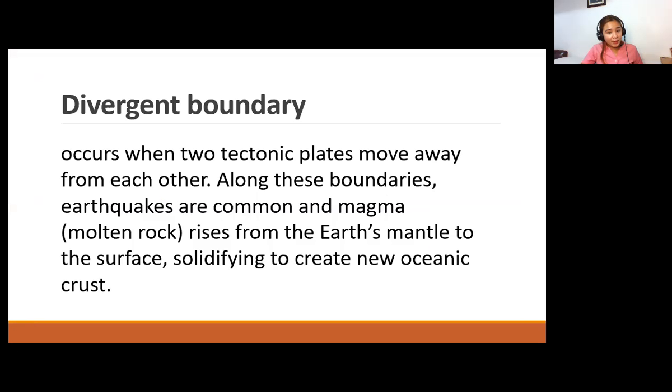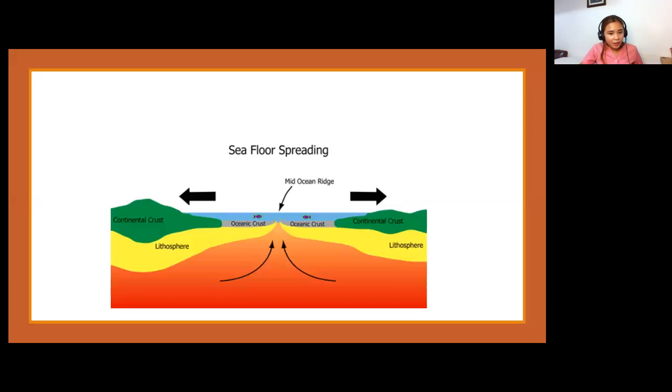Two tectonic plates move away from each other. So let's say these are the two plates, and then they move away from each other. So diba eventually, halimbawa, if you can see my hand, kapag itong dalawang plate naghiwalay, divergent, diba? Maghihiwalay with one another, nasabi doon, magma and molten rock may arise.